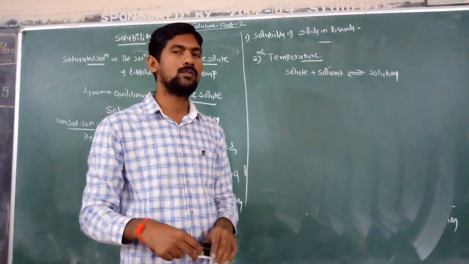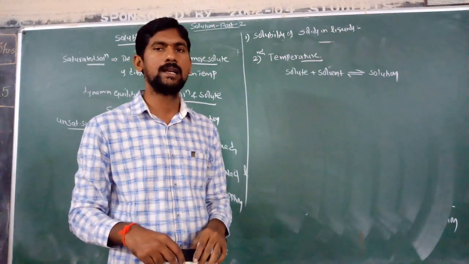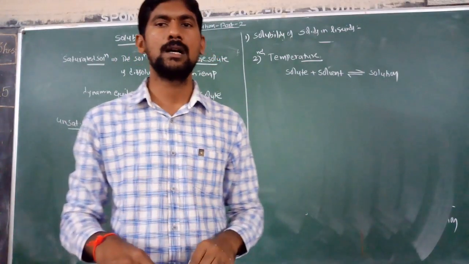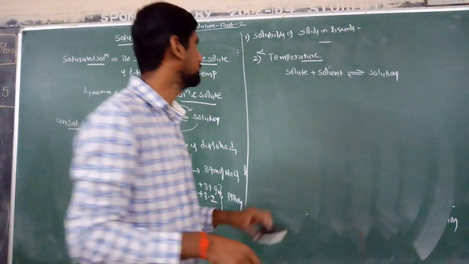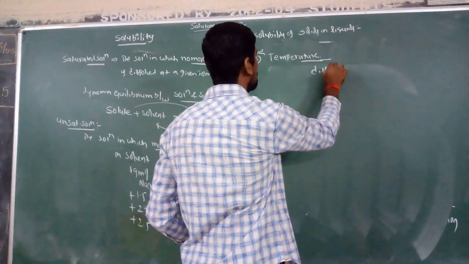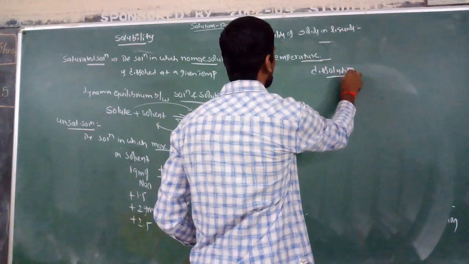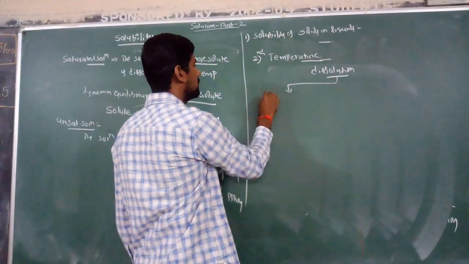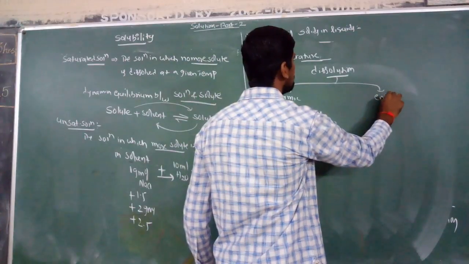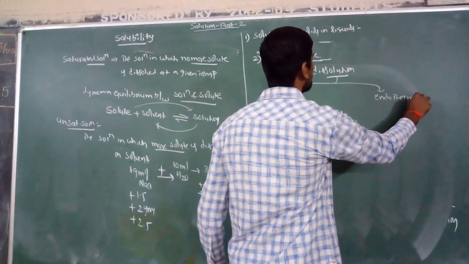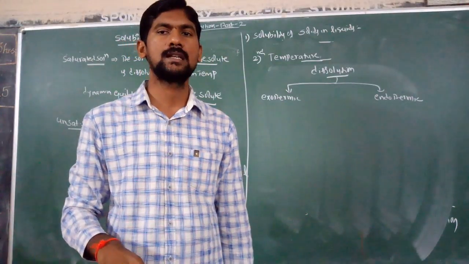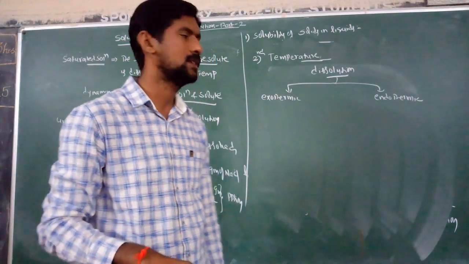So how does temperature influence the solubility of solids in liquids? You must consider the dynamic equilibrium and follow Le Chatelier's principle. There are two types of dissolution process: if the dissolution process is exothermic, and if the dissolution process is endothermic.